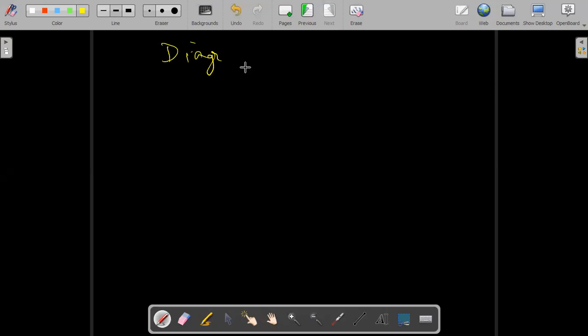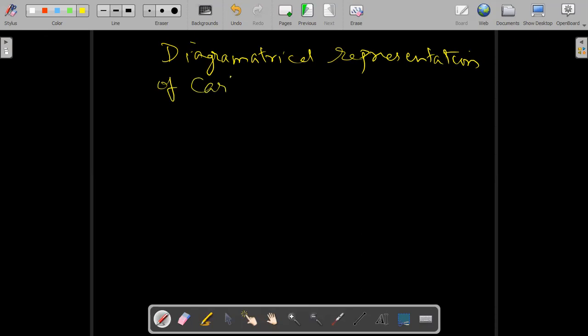Tomorrow you'll start relation, but first you see the diagrammatic representation of the Cartesian product of two sets.